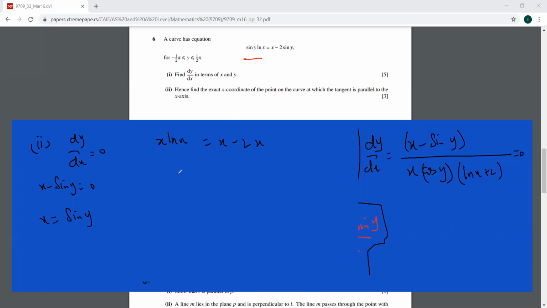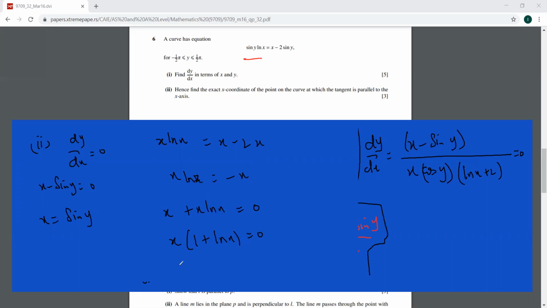So you have x ln x equal to minus x. And then you bring this x to this side. This is x plus x ln x, that is equal to 0. So your x is common, that is going to be 1 plus ln x equal to 0.